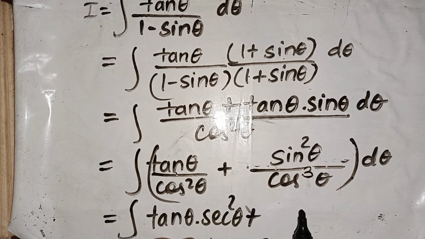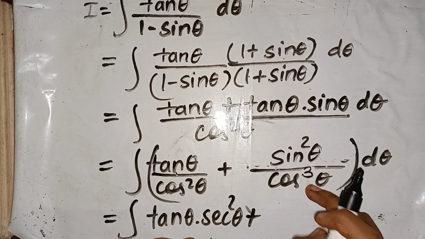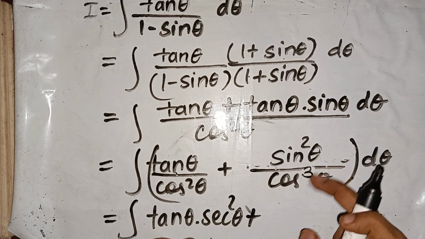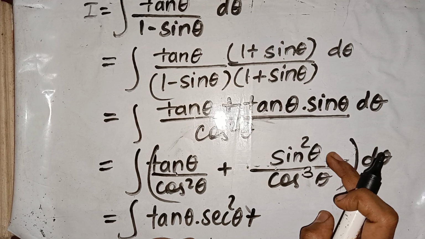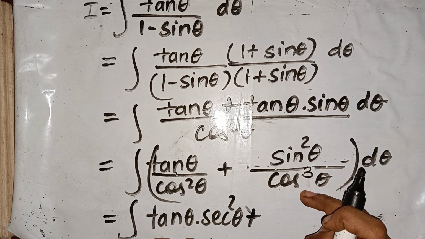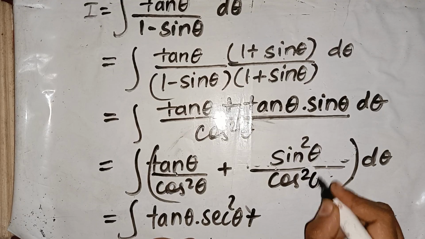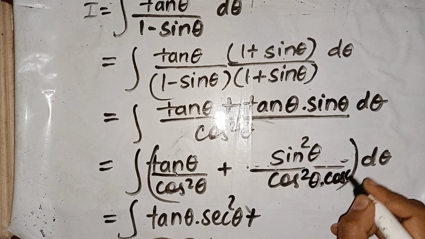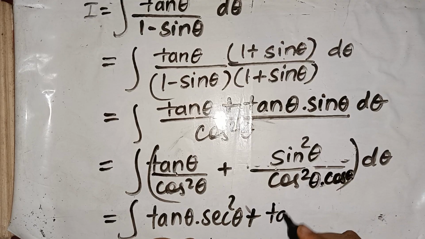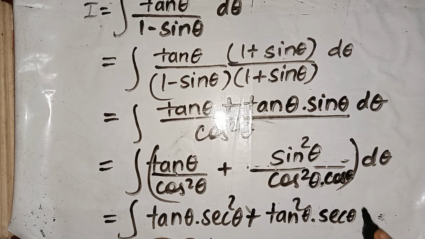Or we can write this as sine theta upon cos theta, sine theta upon cos theta into 1 upon cos theta, that is sine square upon cos square into 1 upon cos theta. So this is tan square theta into sec theta d theta.